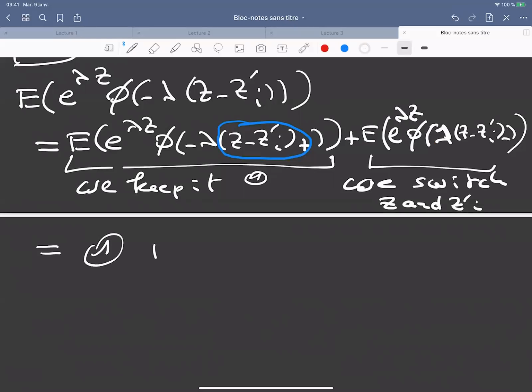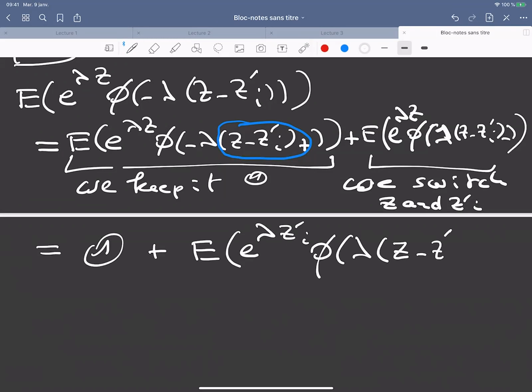And for the second term, it becomes expectation of exponential lambda Z prime I phi of lambda Z minus Z prime I positive part because of the switch.